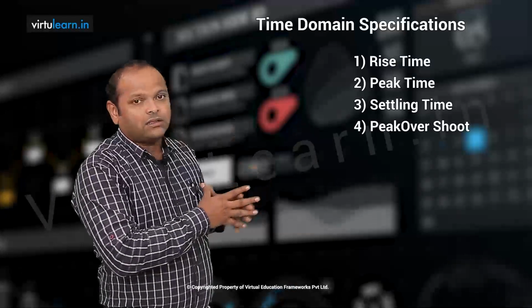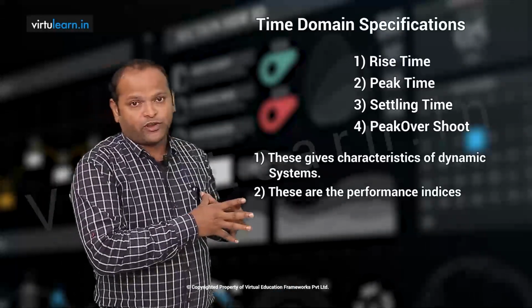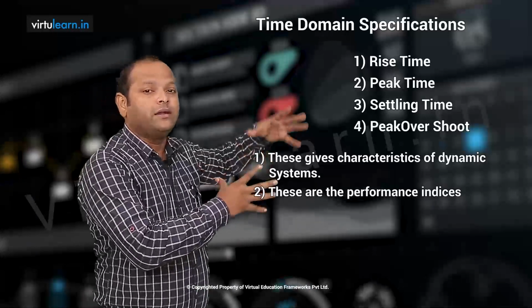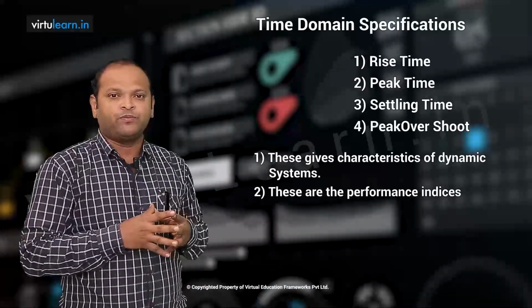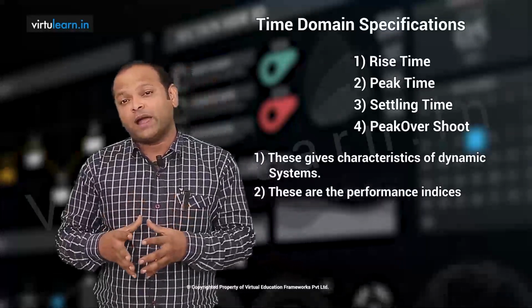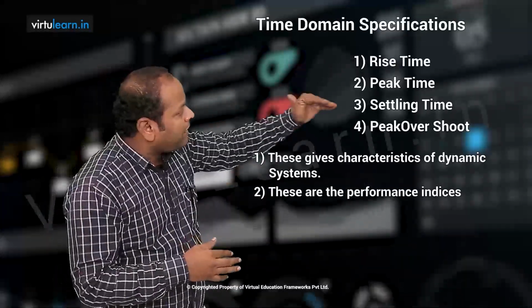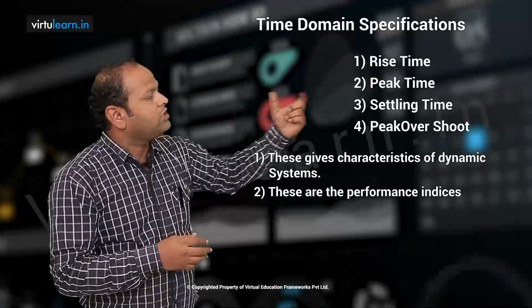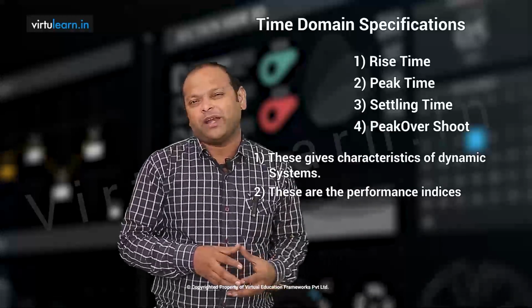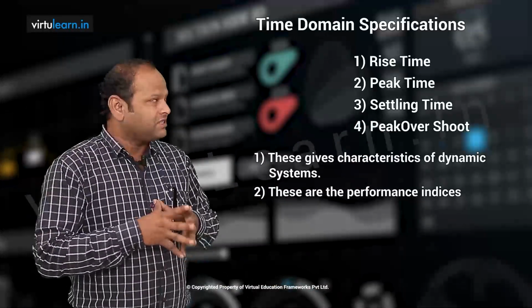So these are the design specifications, or the performance indices of my system. When I say my system is too good or too bad, it all depends on looking at these parameters. Based on that, we can easily predict the response of the system.